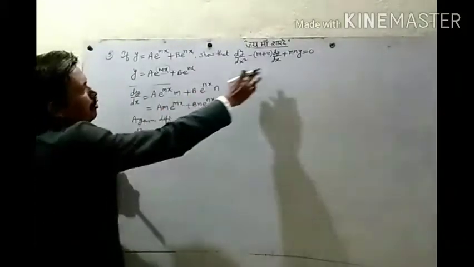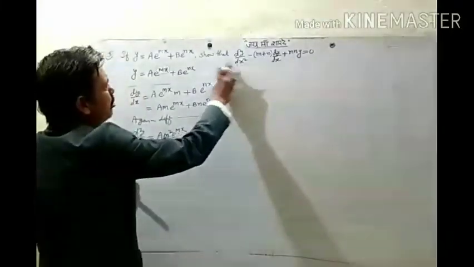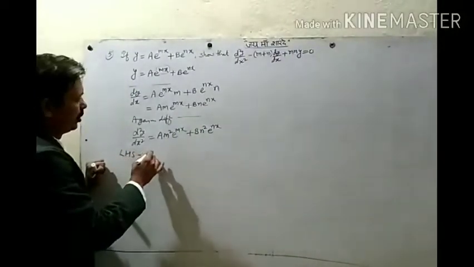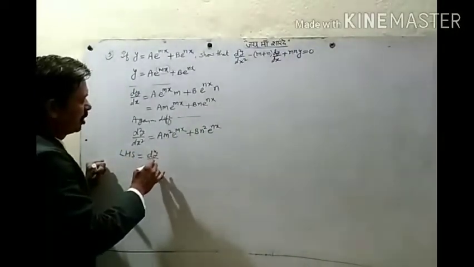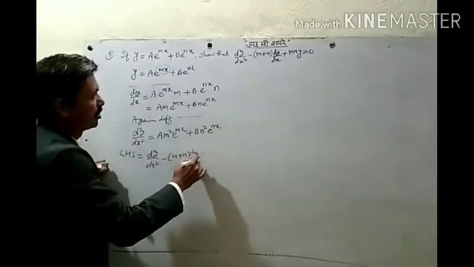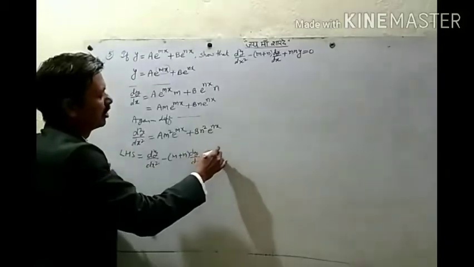Now we have values of y, dy by dx, d2y by dx square. These values we put in the left side. So now our left side is d2y by dx square minus (m plus n) dy by dx plus mn y.